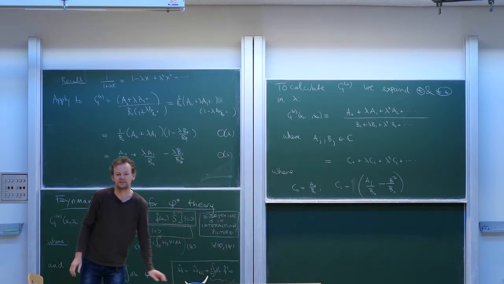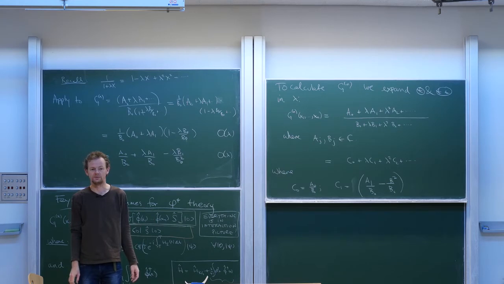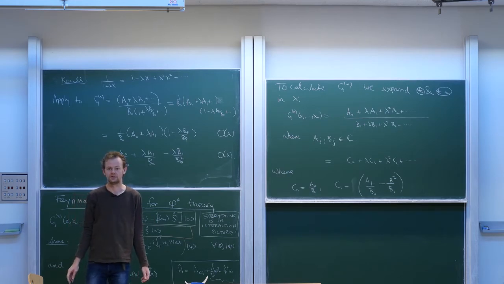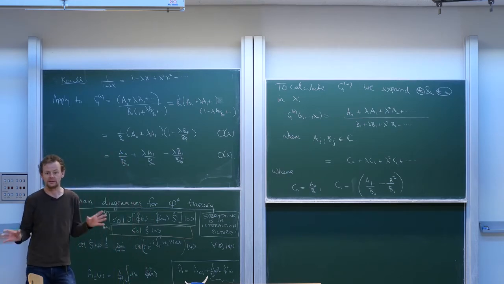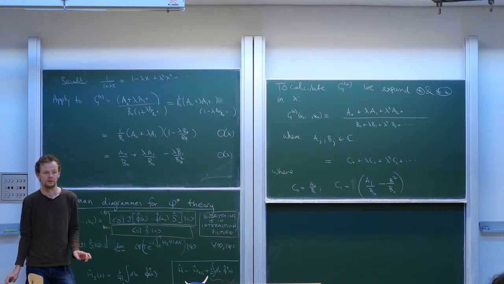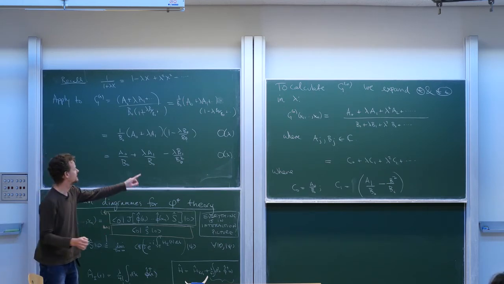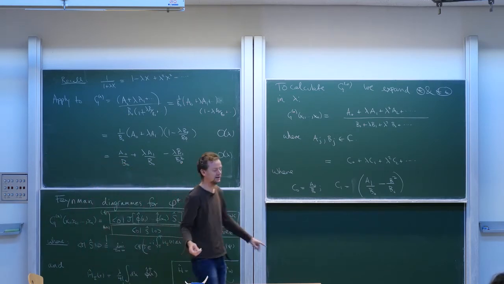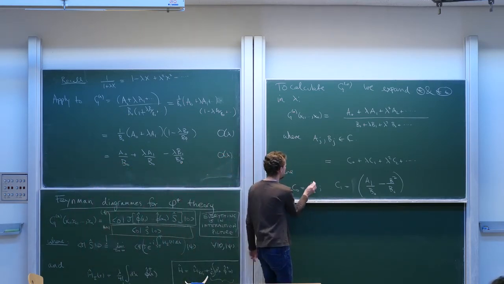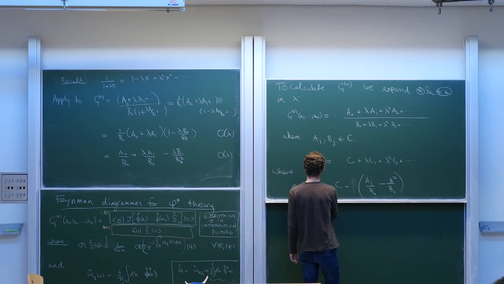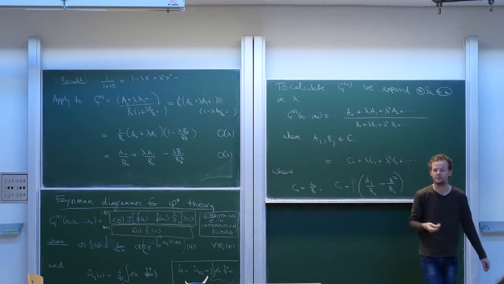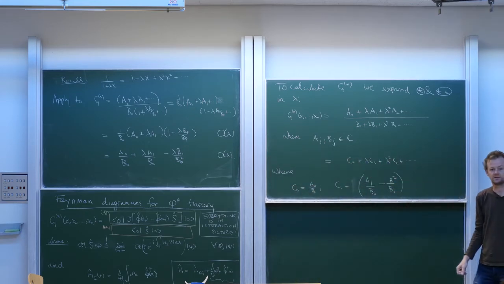So I could have given this exercise to you in first year, right? You could have done this calculation. Let's not forget that that's what we're doing for the next couple of lectures. Our task in the next couple of lectures is to calculate 4 things: A0, A1, B0, B1. That's our task.